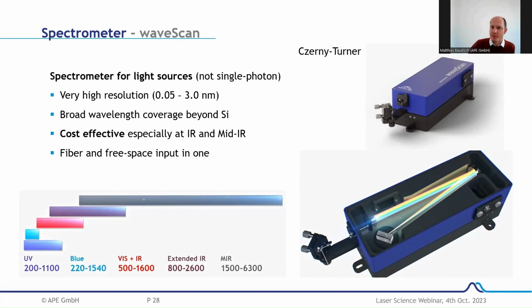And in our design, because we use a specific Czerny-Turner design with a rotating grating, we are quite cost effective because we don't use detector arrays, but rather just one single detector to measure the spectrum. And still, you're measuring very fast with a 5 Hertz scanning rate, so 5 spectra per second. So this is very, very fast.